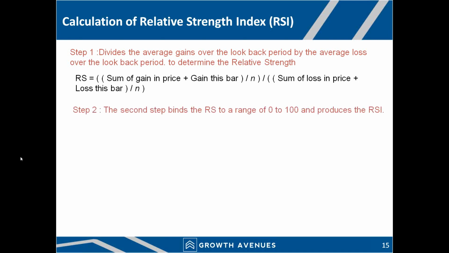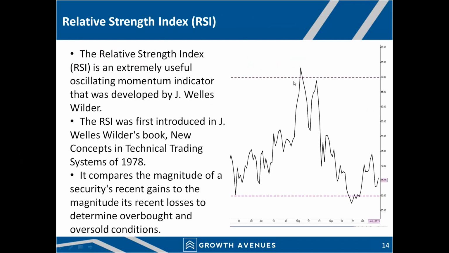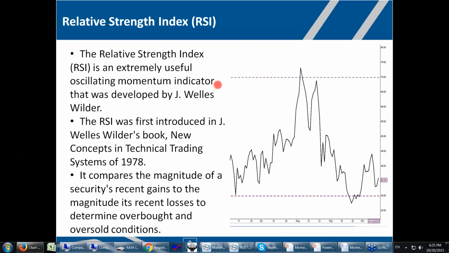Then you are tying it to a band. You could see here this is a banded oscillator. There are two bands which have been drawn that show you that this price is going to move within this band.